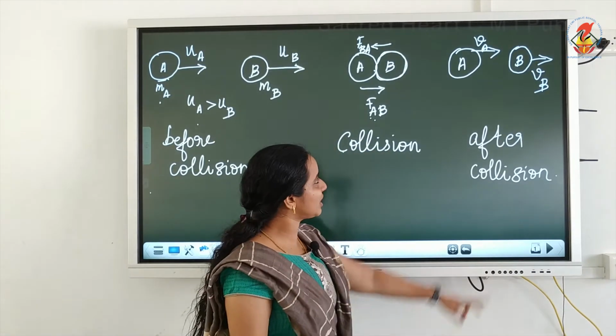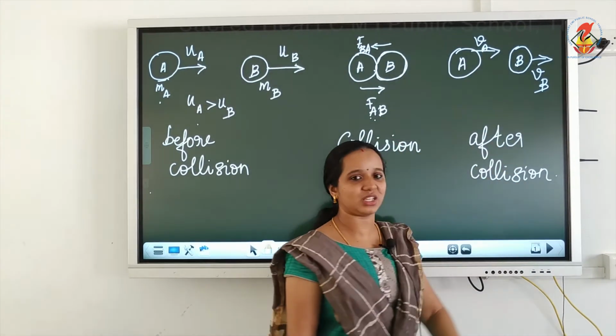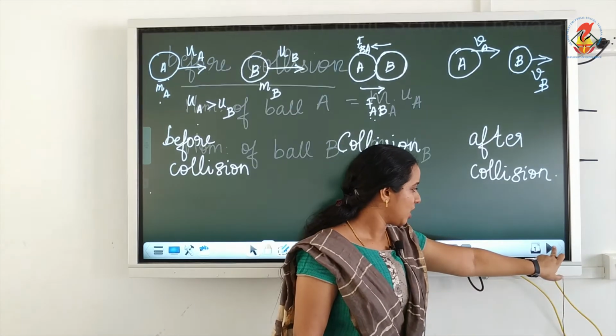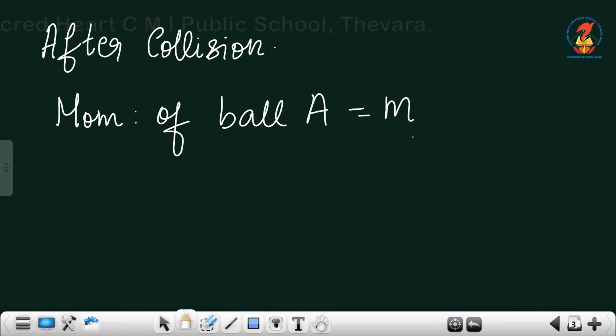So, after collision, the first ball is moving with the velocity VA. So, momentum of ball A is mass remains the same, that is MA itself, into velocity after collision is VA.